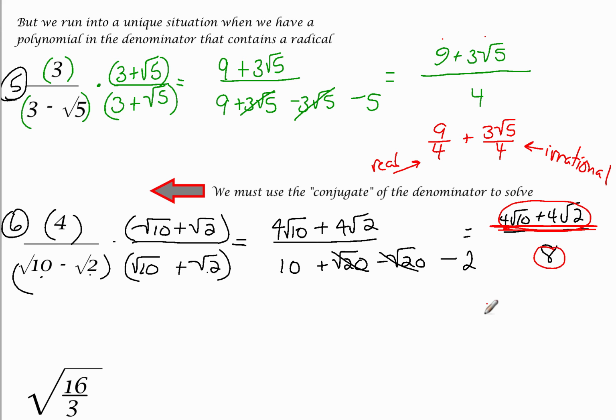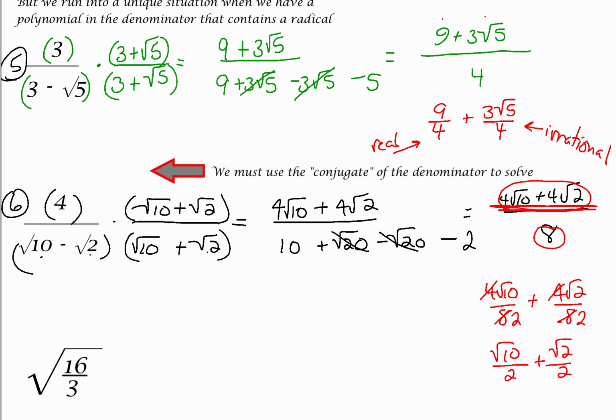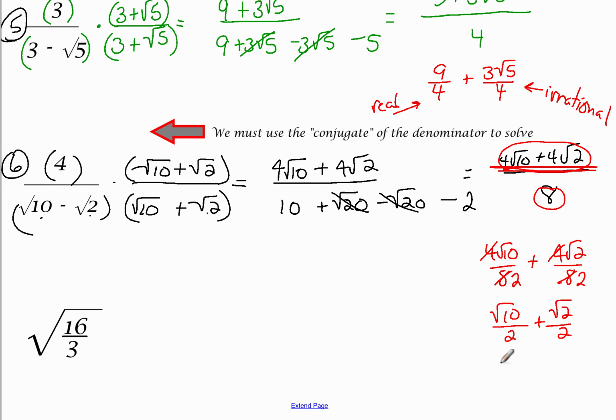If I break it apart, I realize that the 4 and the 8 cancel down to a 2. So I have radical 10 over 2 plus radical 2 over 2. I can leave that as my answer, or I can combine them into one fraction.